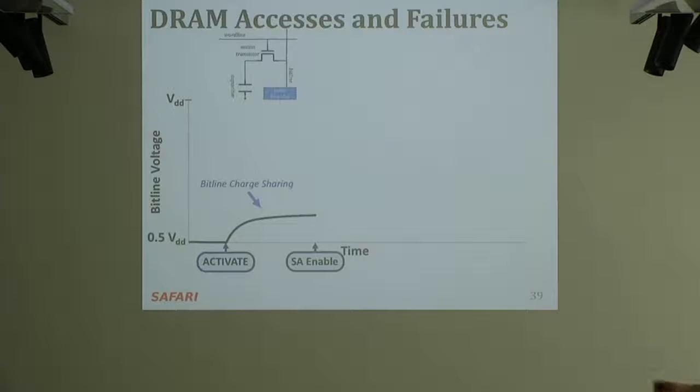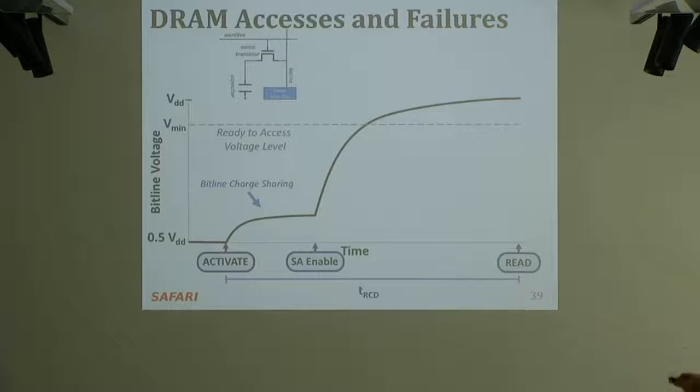So the bit line actually has some charge perturbation, and the sense amplifier gets enabled to detect that charge, and the sense amplifier really drives that charge to VDD in this case because it senses that it's a positive perturbation. And you can read the cell at this point. That's the activate to read delay. And you've seen this before, that's tRCD.